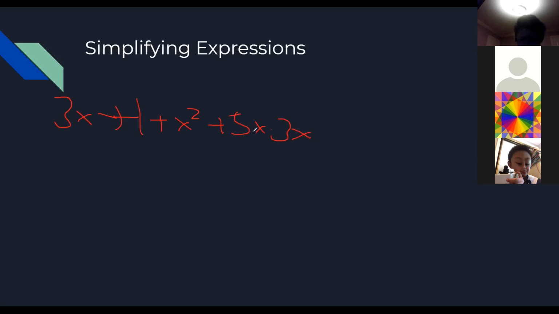So first, we would have to go through PEMDAS, which we went over last time. So we have x squared here, which keeps itself since exponents are above everything else except parentheses. Then we have multiplication. This becomes 15x squared.